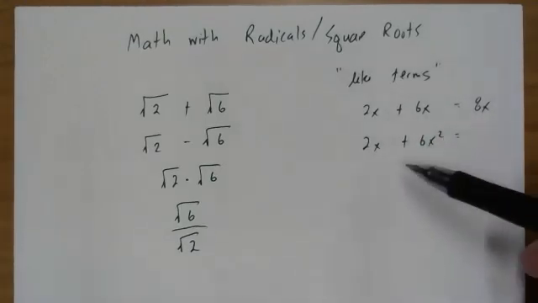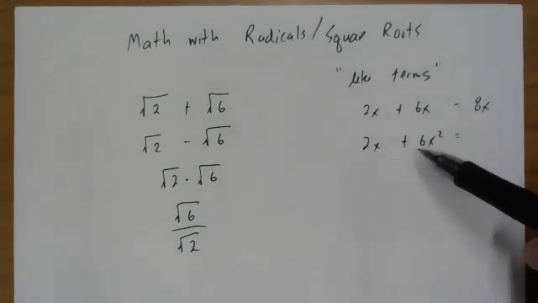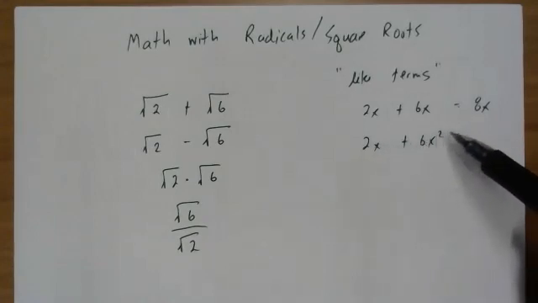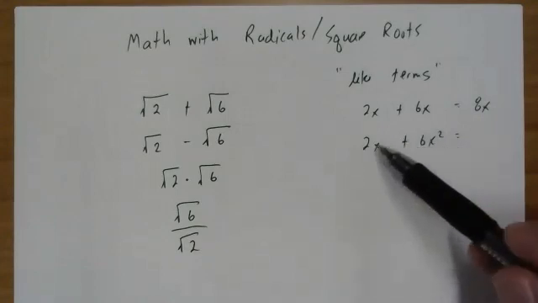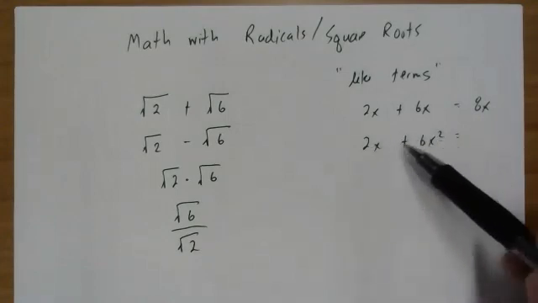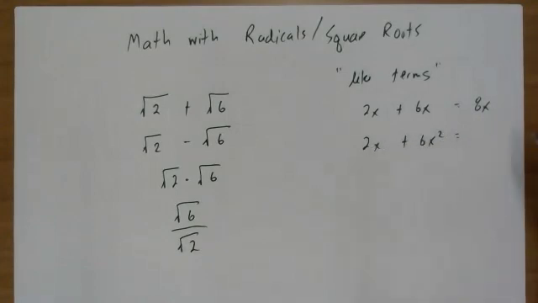Now, in this case, we could not add 2x and 6x squared because these are not like terms. Turns out we could factor this, but we cannot add these terms together because they're not like terms.